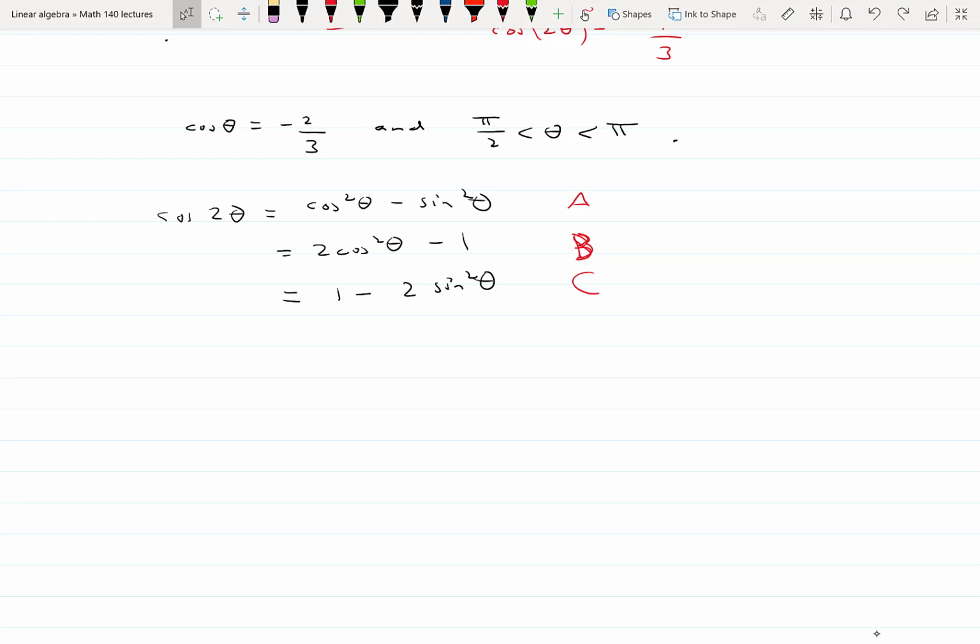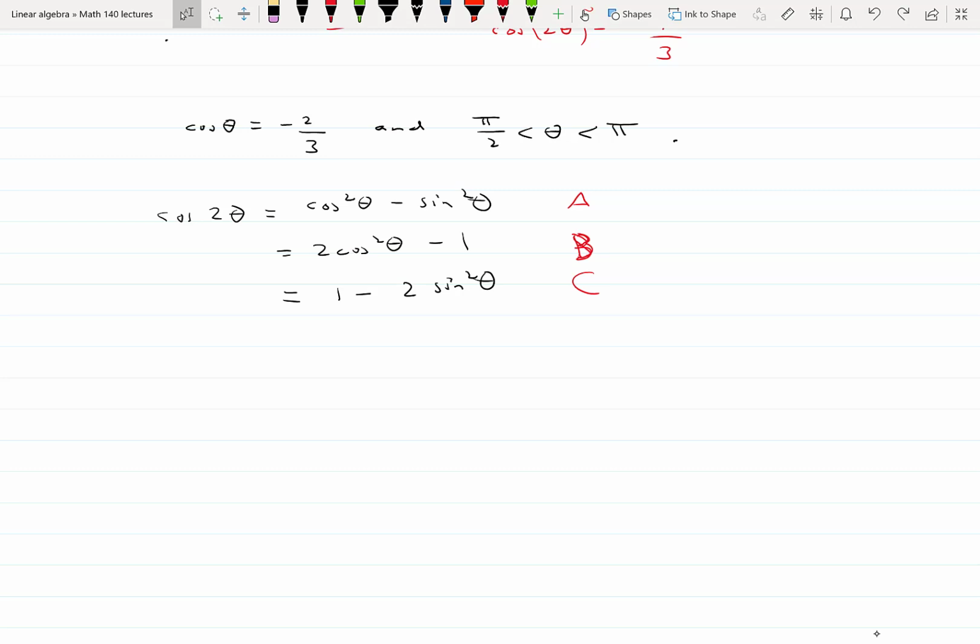The next thing, and this is sort of a subtle thing for us right now, is if we have to find sine, ultimately we may want a decimal approximation, in which case we'd have to round off. So if I wanted to use the red identity C, I would need to find sine.